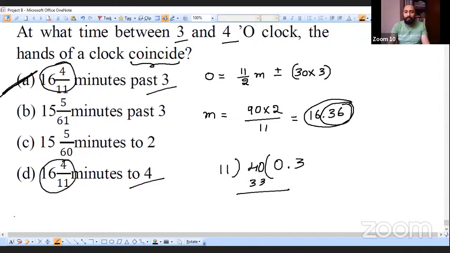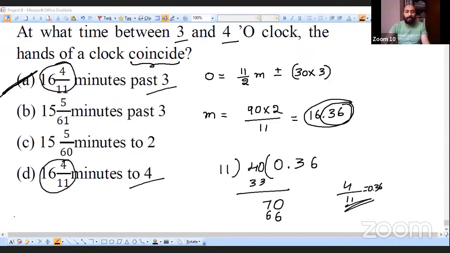So how much will be remaining? 10 minus 3 is 7. 7 will be remaining and the point is there, so I'll take 70. 6 I will take, 66. So it is correct, 4 by 11 is 0.36. If you don't want a calculator, you can check like that also. Is this clear, everybody? Any doubt on that?